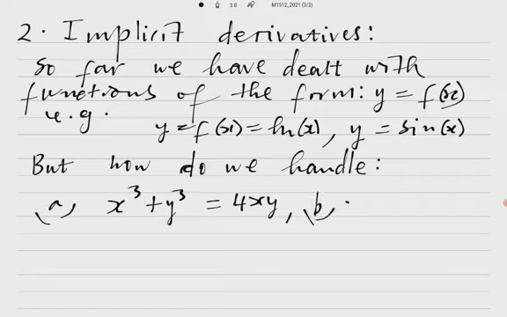The next one is something like x sine y plus cos 3y is equal to sine 2y. How do you deal with these functions in terms of finding the derivative?